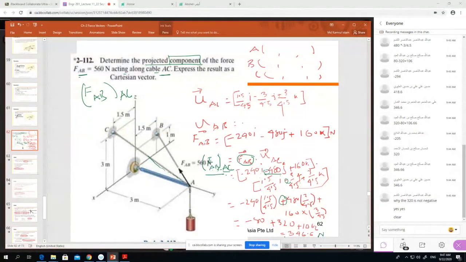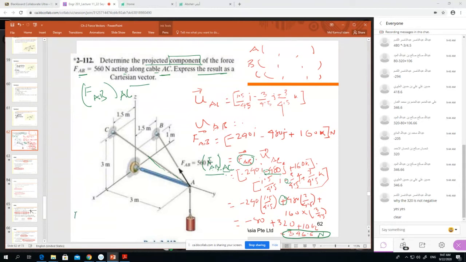So we got the magnitude. We got only the magnitude. Now they also ask to express the result as a Cartesian vector. That means we have to find the vector of this one as well.